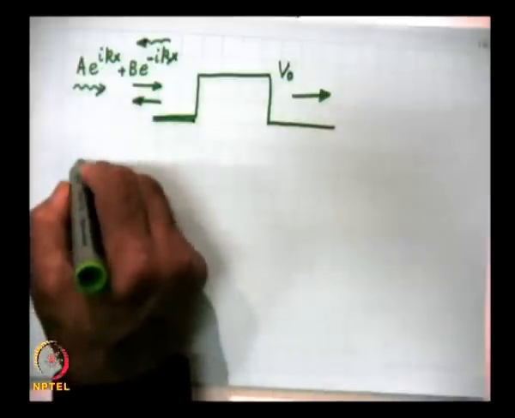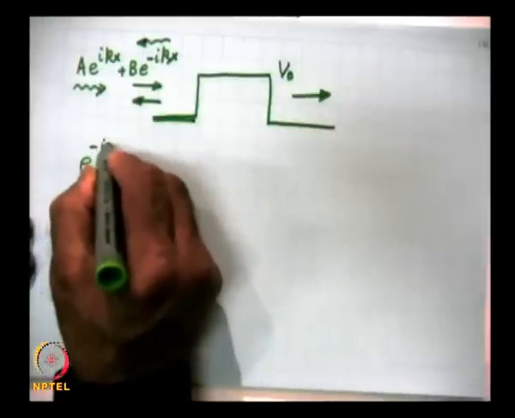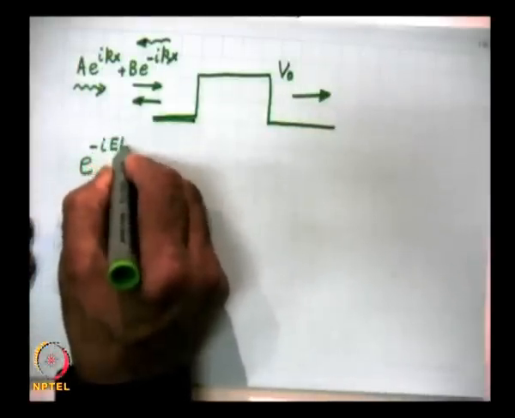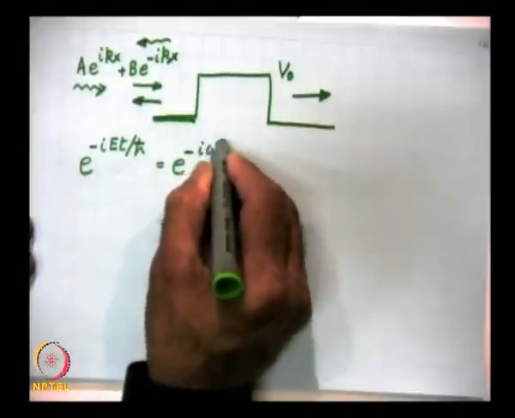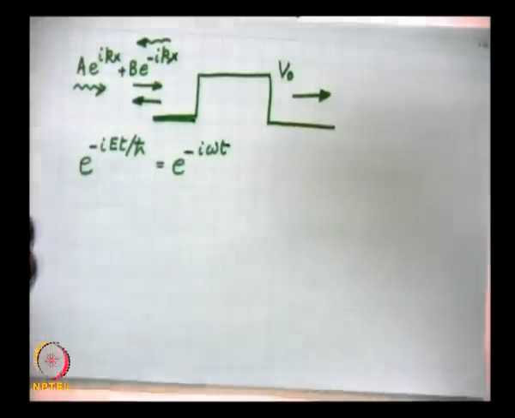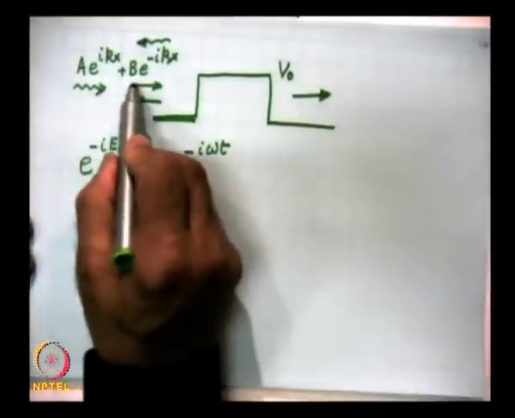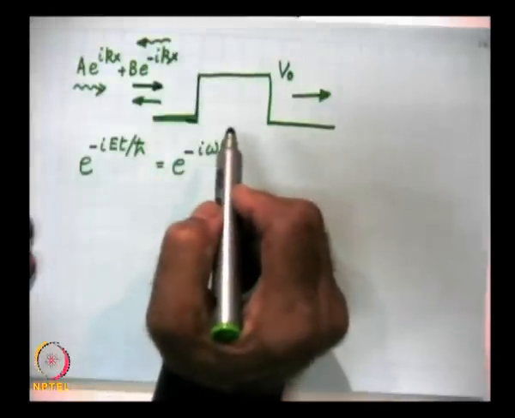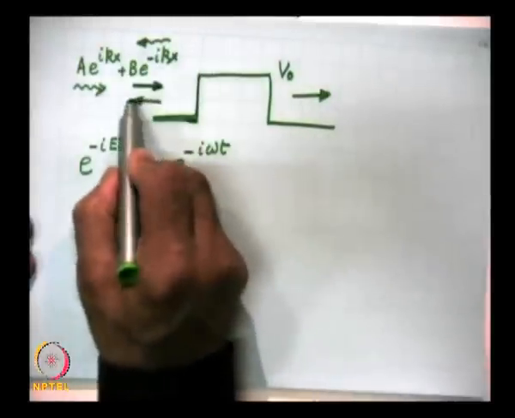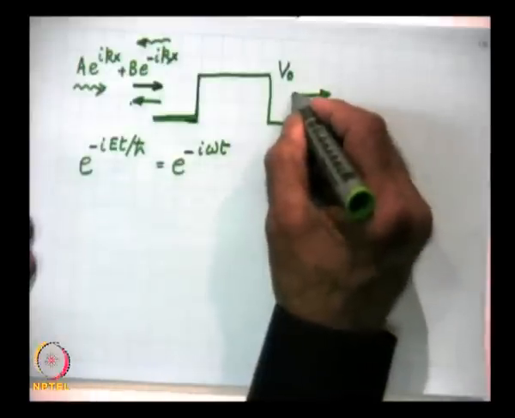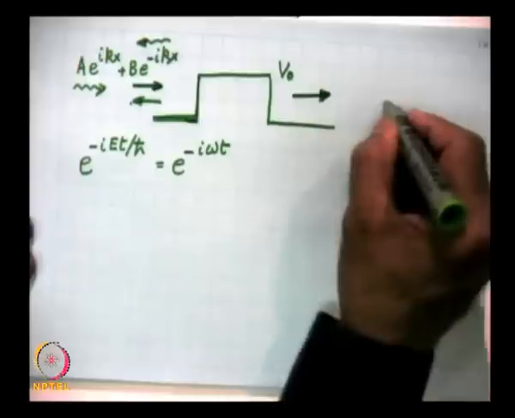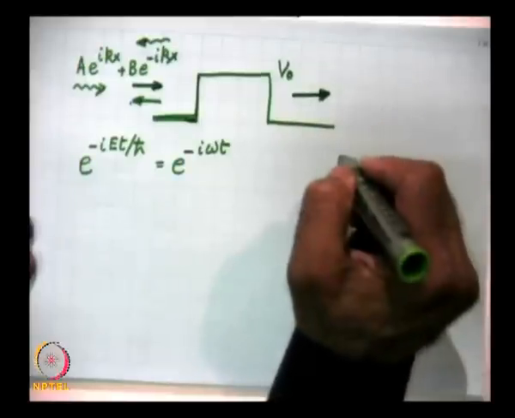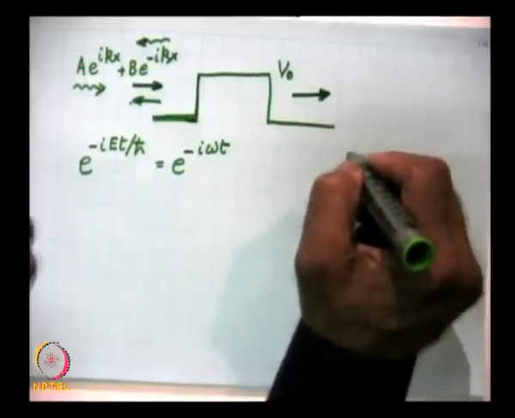Why? Because the time dependence is of the form e to the power of minus iEt by h cross, which is equal to e to the power of minus i omega t. So, you have an incident wave incident on this step potential, and then there is a reflected wave. But there is a transmitted wave here, and there cannot be any wave propagating in this direction, because there is no reflector here.